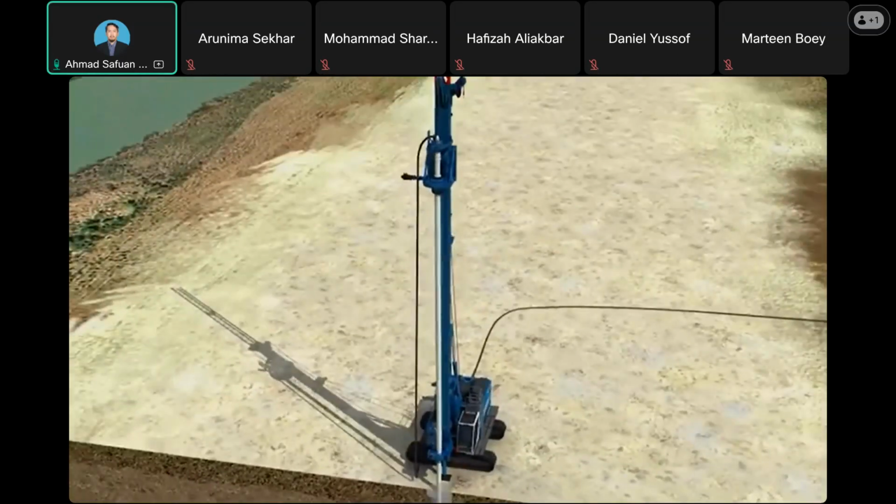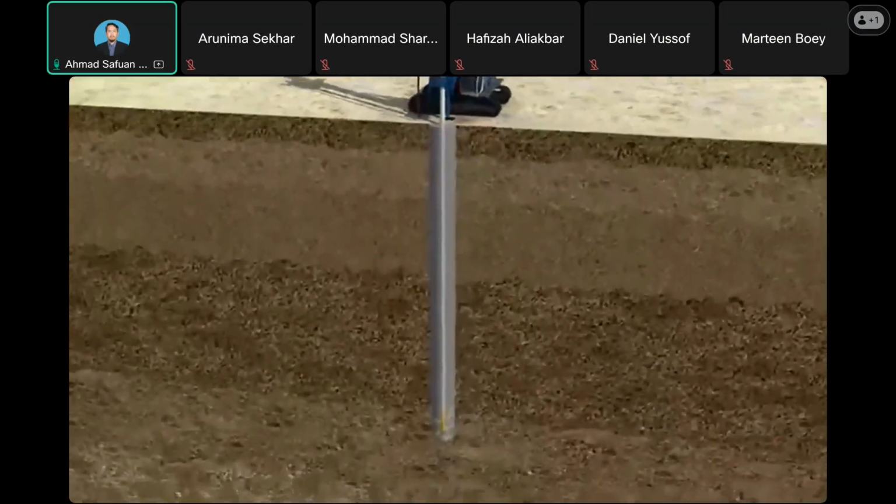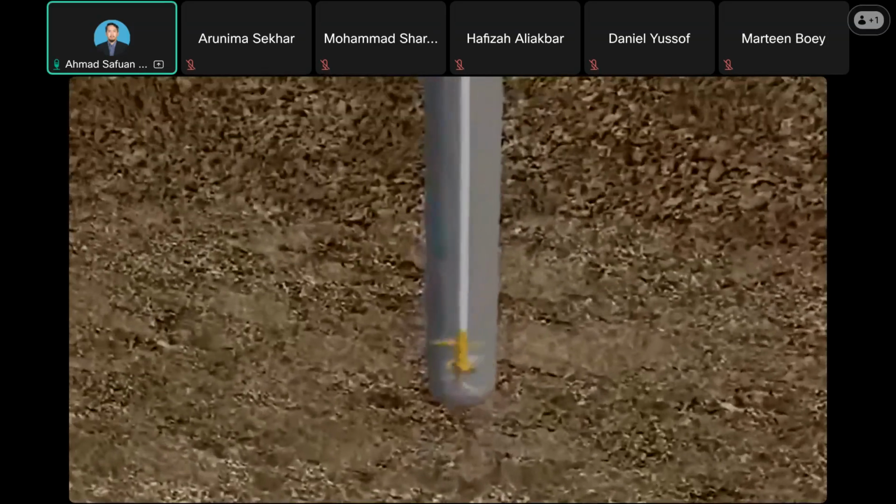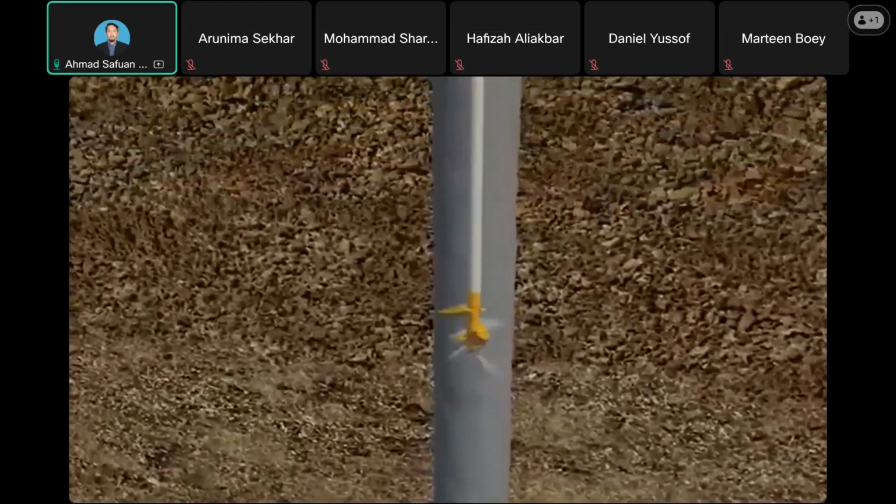So they mix the existing soil with the stabilizer.